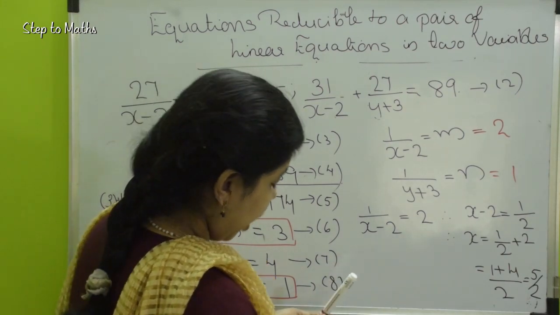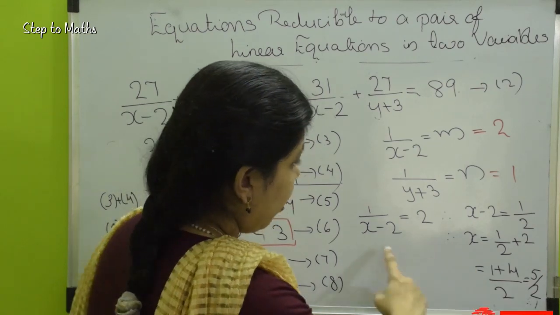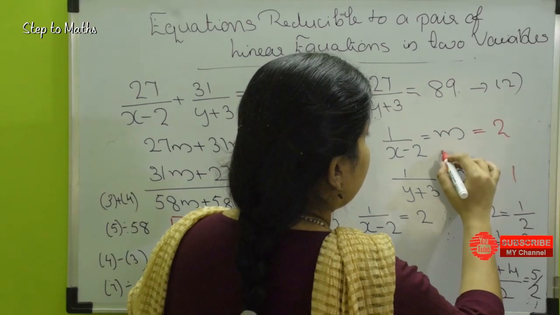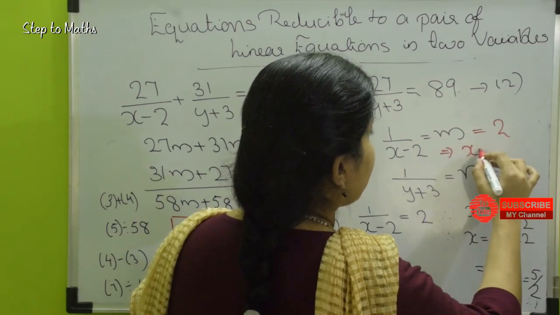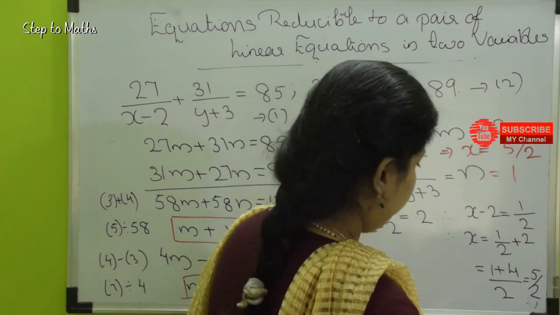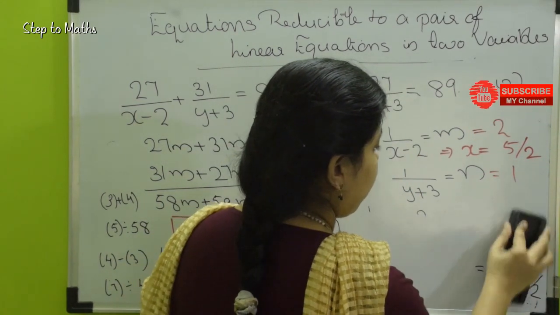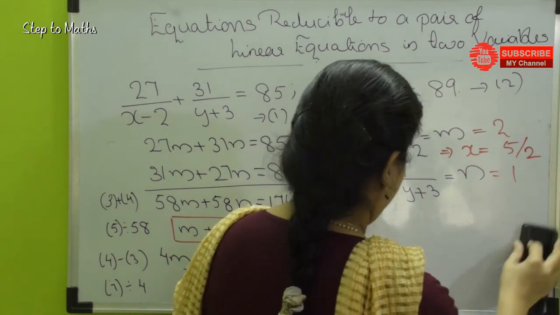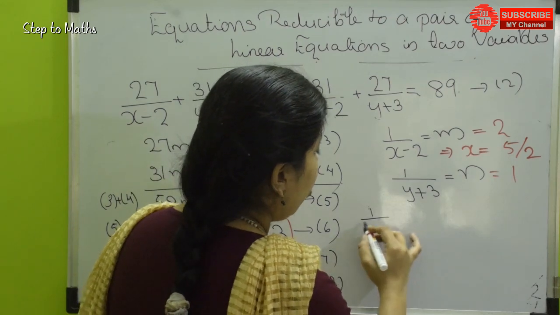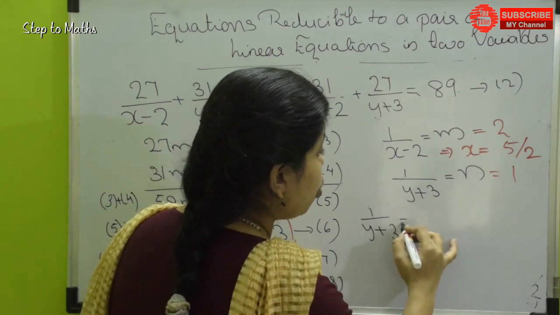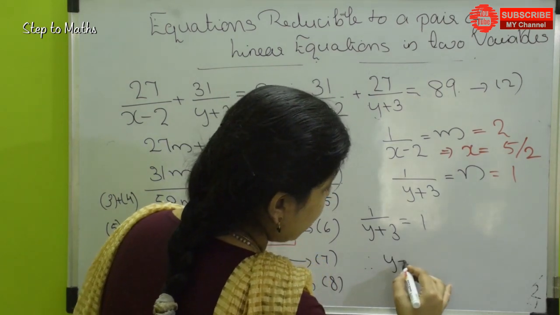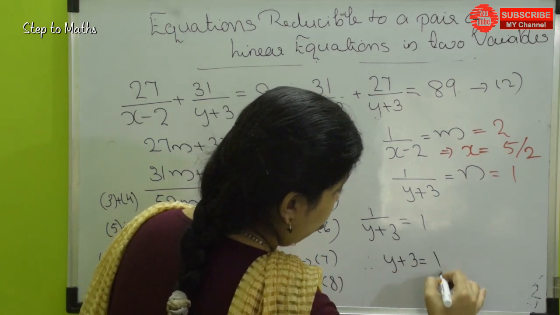In the same way, we can find the value of y. This implies x is equal to 5 upon 2. 1 upon y plus 3 is equal to 1. Therefore, if we cross multiply, y plus 3 is equal to 1.